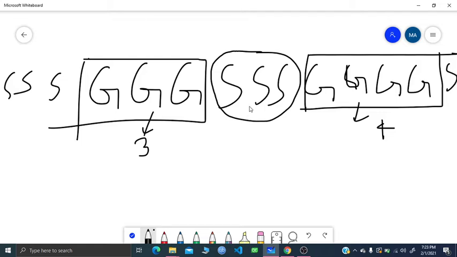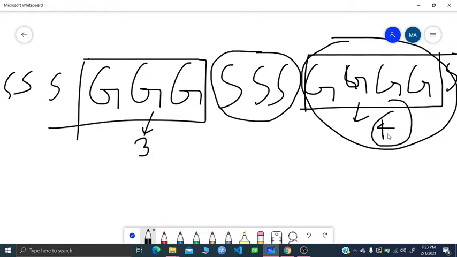Now in this situation, what we have to do is find the optimal approach. How can we find the optimal approach? Our first task would be to determine which group has the maximum number of golden members. If we analyze it, we will find out that this group of golden has the maximum members, which is 4, right? Now how is this going to help us?